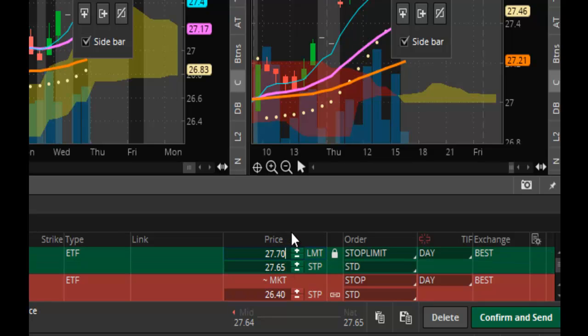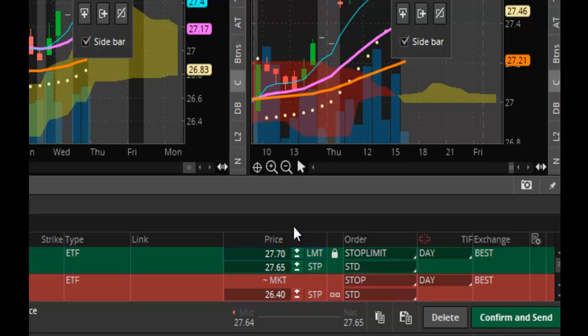It's up to you. I normally do like 5 cents. So anyway, that's pretty much how this works. Now, in some cases, it could trigger at 27.65 and then fall at that point. You will be filled as a market order within that range, and you'll be filled no worse than 27.70, but you can actually be filled lower also. So just keep that in mind.